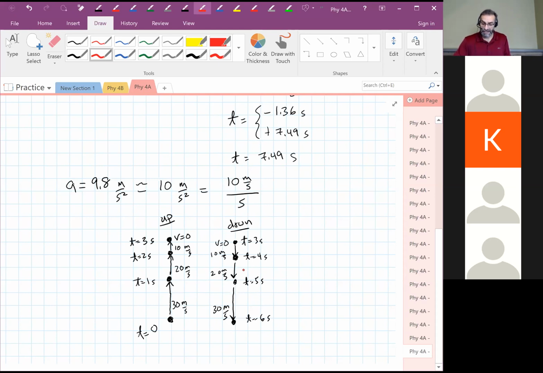The acceleration never changes. The acceleration is downward the whole time. If you want to call down negative, it's negative the whole time. Okay.